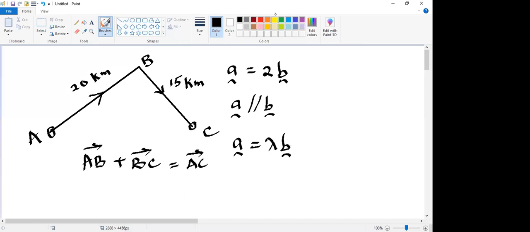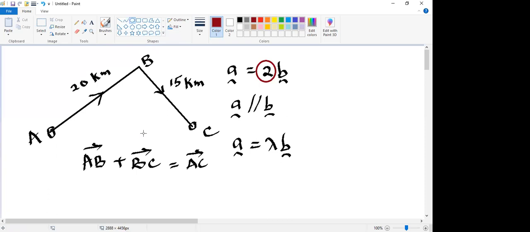This scalar can take on any value, like the 2 she has given us here. It can also take on the value 5, a half, a third, etc. The values can even be negative, in which case the vectors are parallel but in opposite directions.